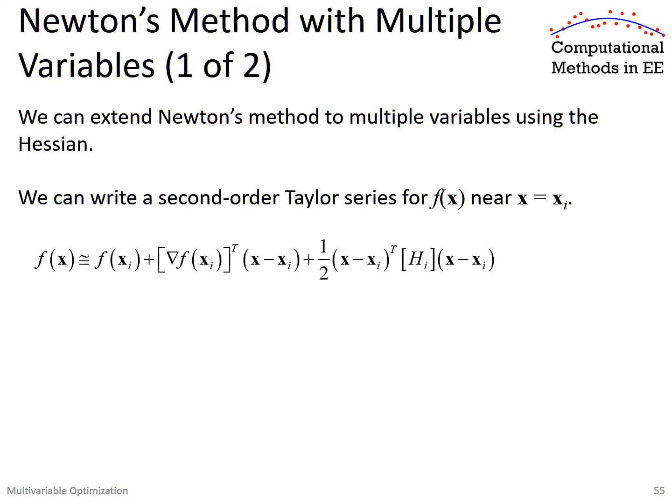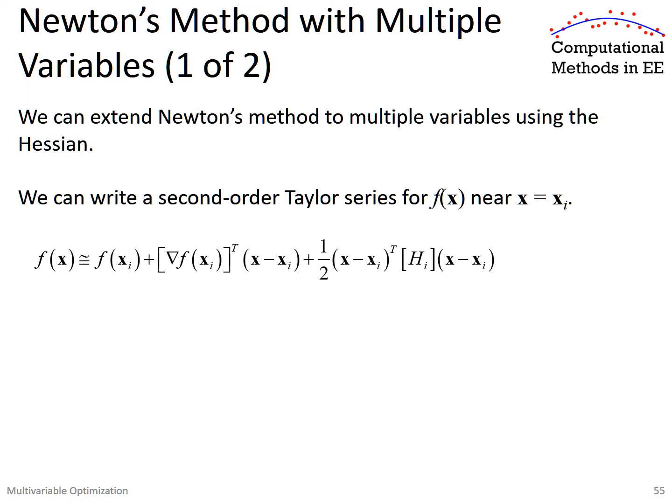So for multiple dimensions, we can write a second order Taylor series for that function evaluated at x. Remember, this bold x contains all of our independent variables for any number of dimensions. So our second order Taylor series now looks like this, and this is where the Hessian appears. So let's remember how to interpret that.